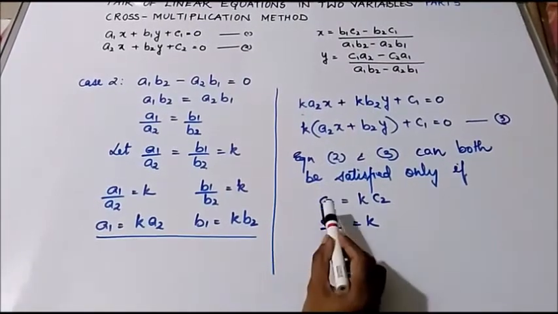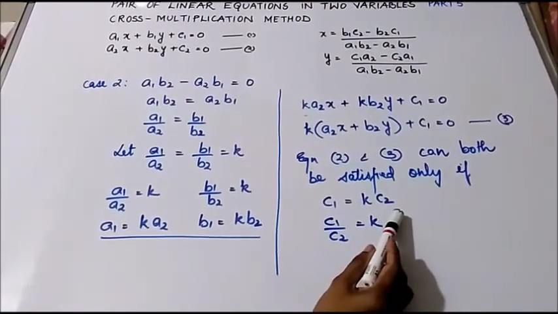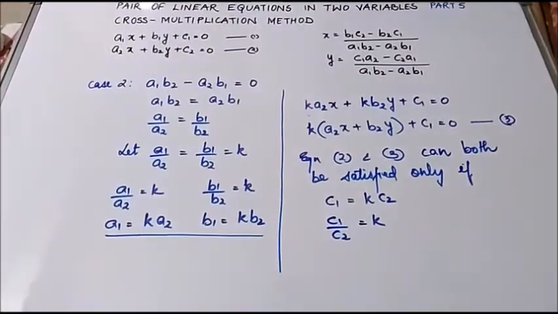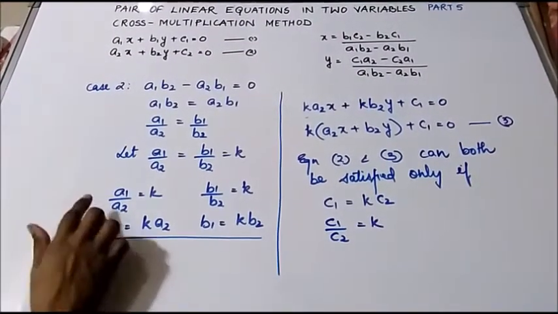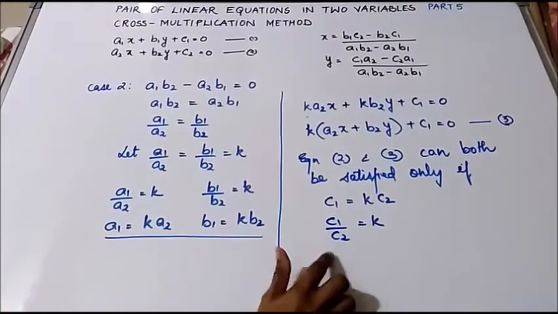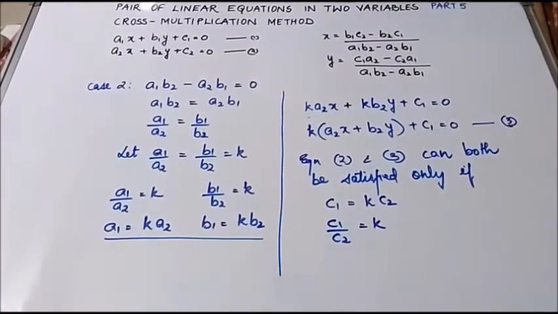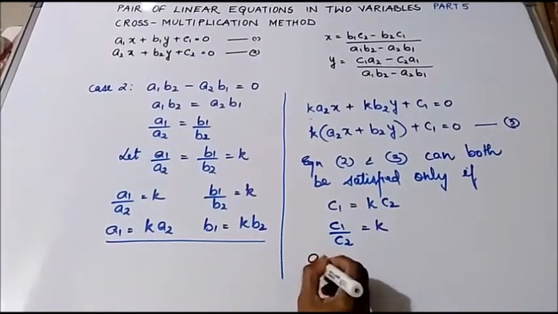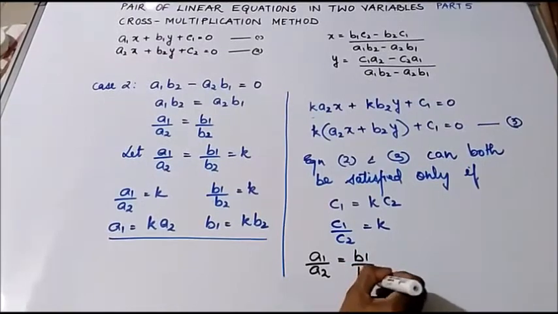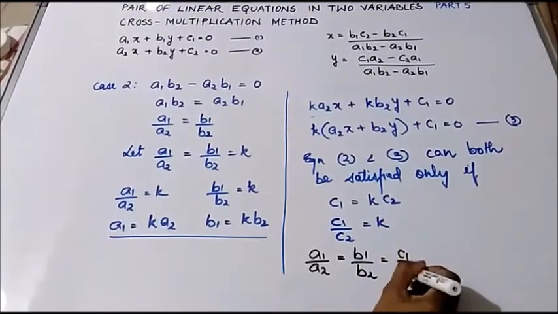Now we see, if c1 is equal to k c2, then any solution of equation 2 will satisfy equation 1 and vice versa. Now here we have got a1 by a2 is equal to k, b1 by b2 is equal to k, and here we got c1 by c2 is equal to k. Therefore, a1 by a2 is equal to b1 by b2 is equal to c1 by c2.